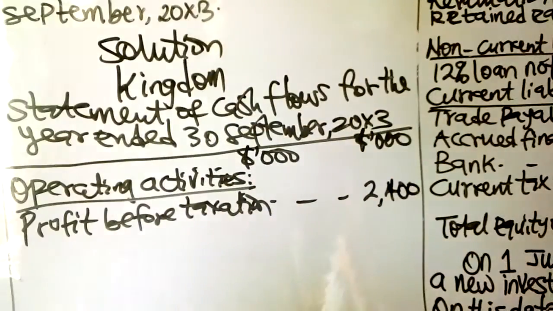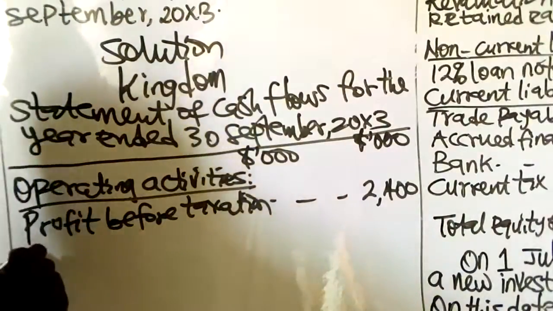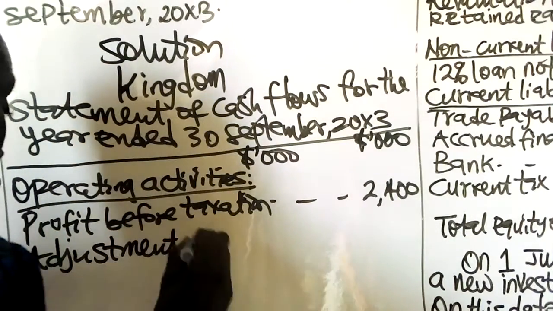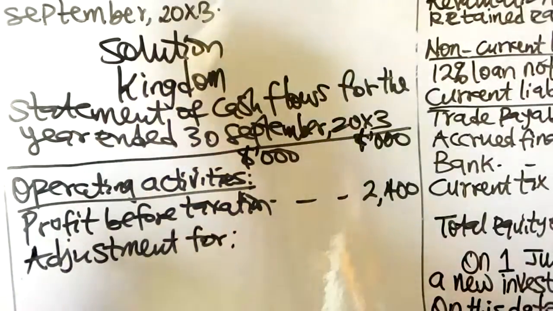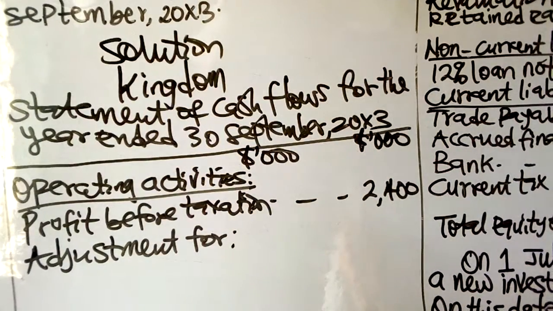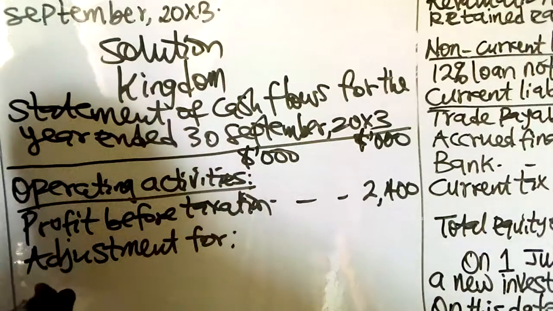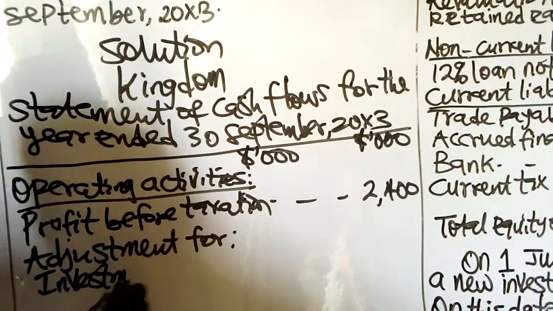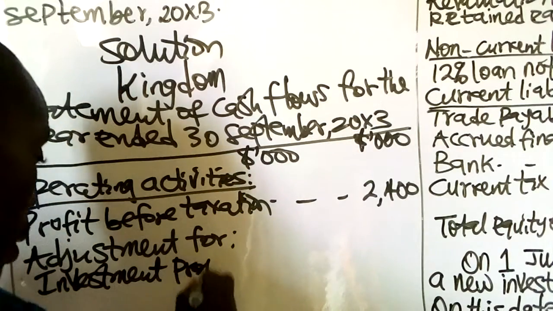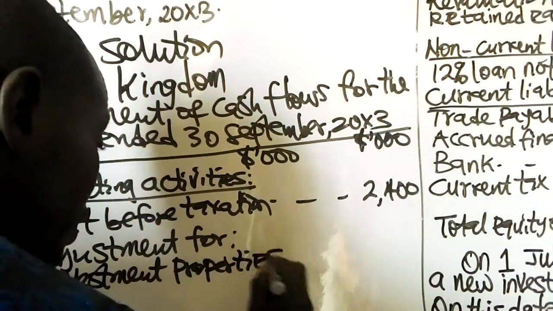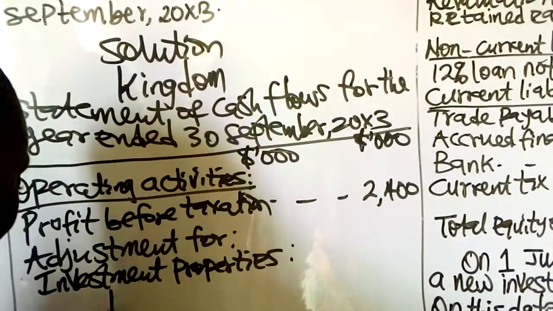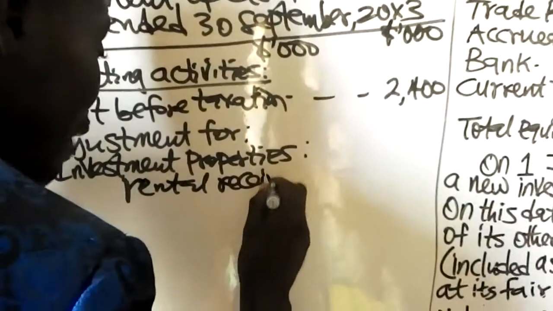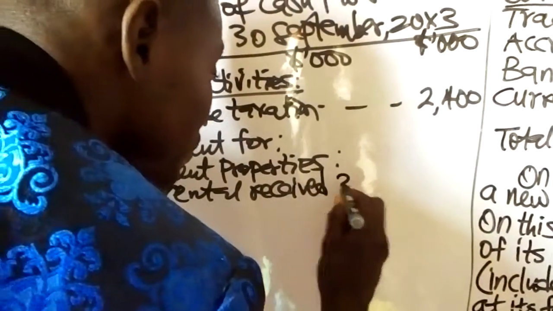Now we have adjustment for rental received on investment properties. I told you that will be deducted, which is 350.